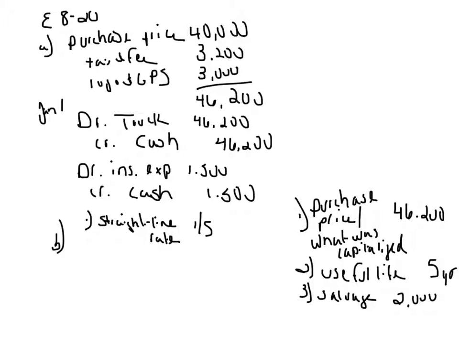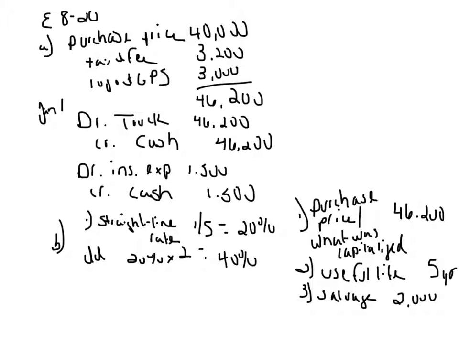The one doesn't represent the years. It's just like 100 divided by the 5 to get to 20%, right? So each year under straight line, they're going to depreciate it by 20%. Now, under double declining, DD, we're going to take that rate and multiply it by 2. It's double declining, so it's doubling. So we get 40%.